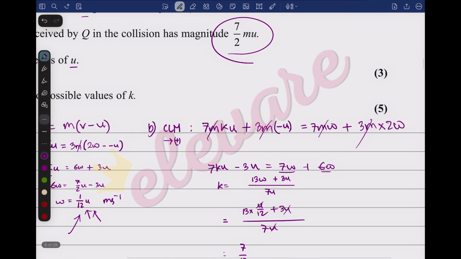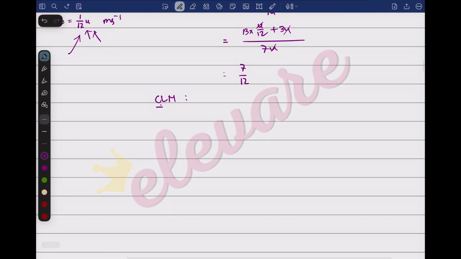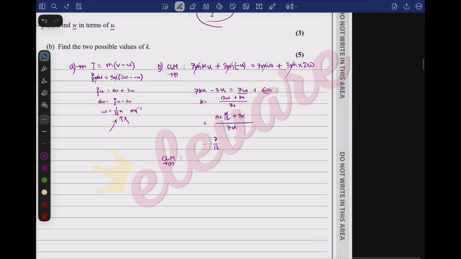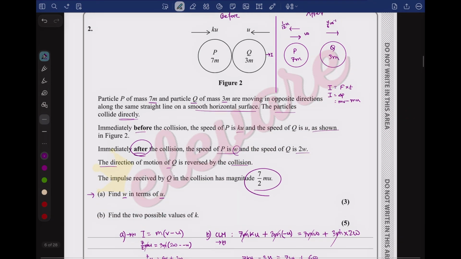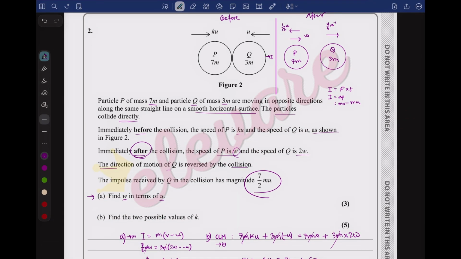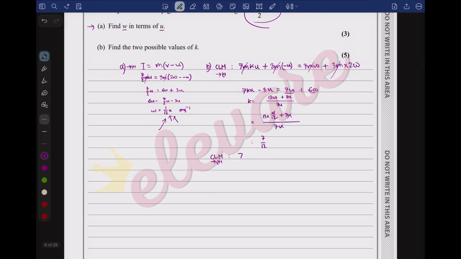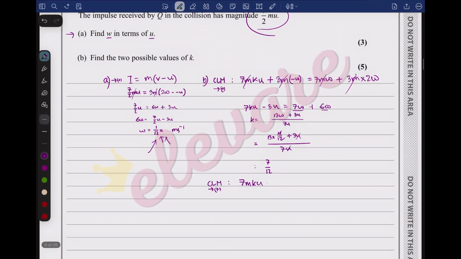Okay, so we're just going to consider the right side as positive because my dominant hand is my right hand. Okay, so initial, as in the momentum before the collision, is going to be 7mku, the same thing again. Negative 3mu. Okay.